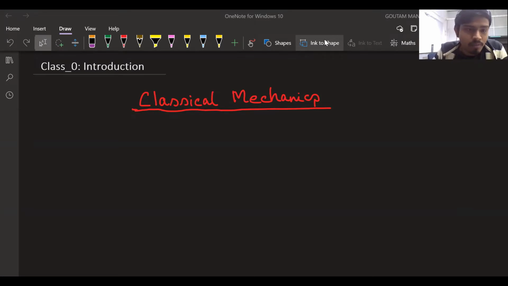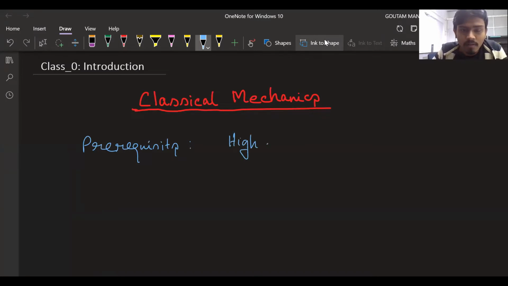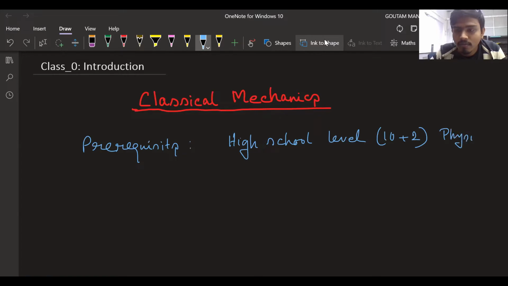The prerequisites of the course are high school level, that is 10 plus 2, physics and mathematics.